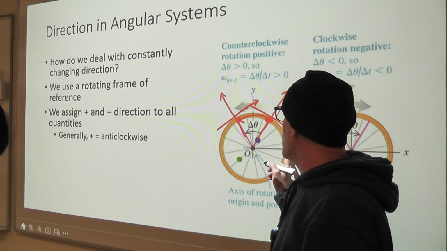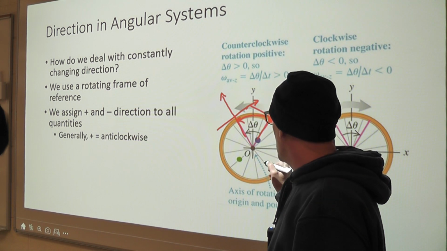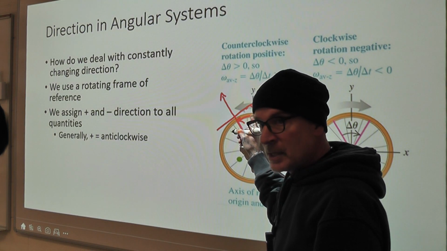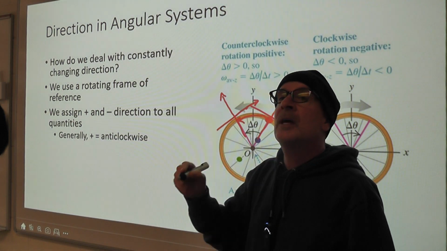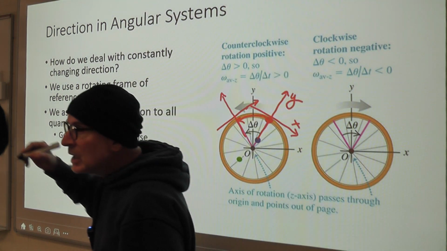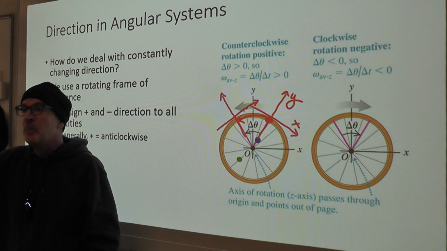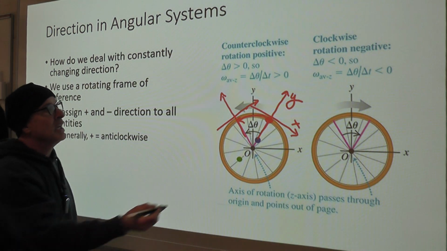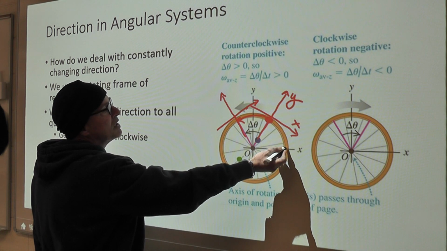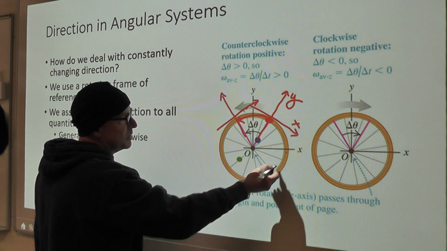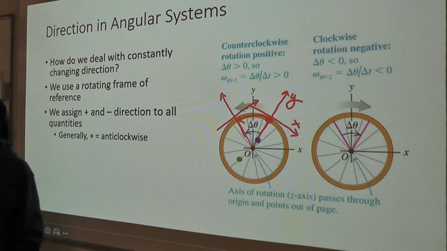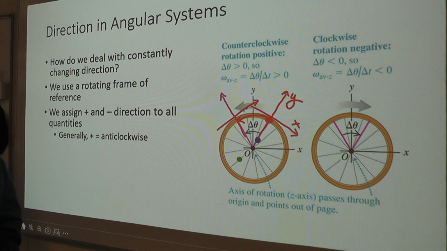So something that rotates a quarter turn will rotate counterclockwise a quarter turn. Something that has a linear distance, a curved path of 6 meters, is going to move 6 meters from its starting position in the counterclockwise direction along a curved path.